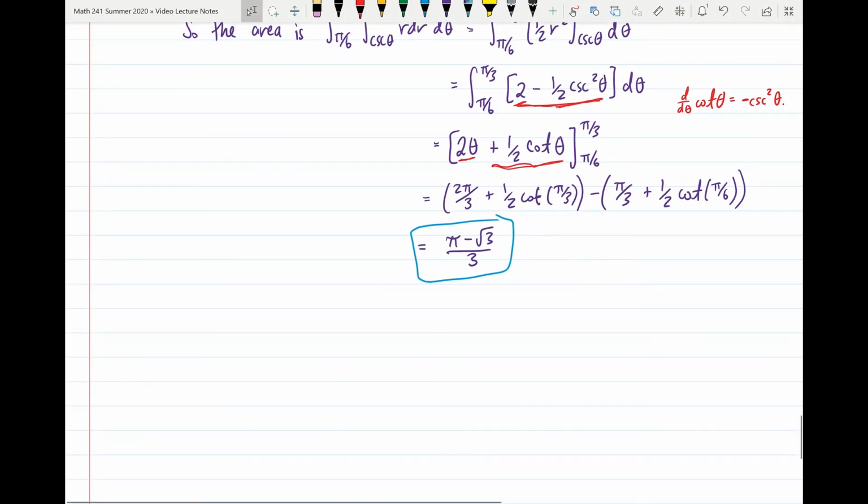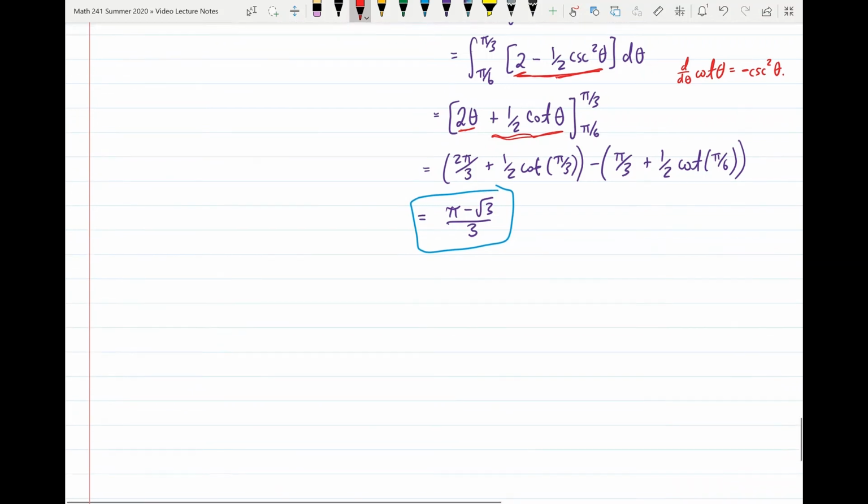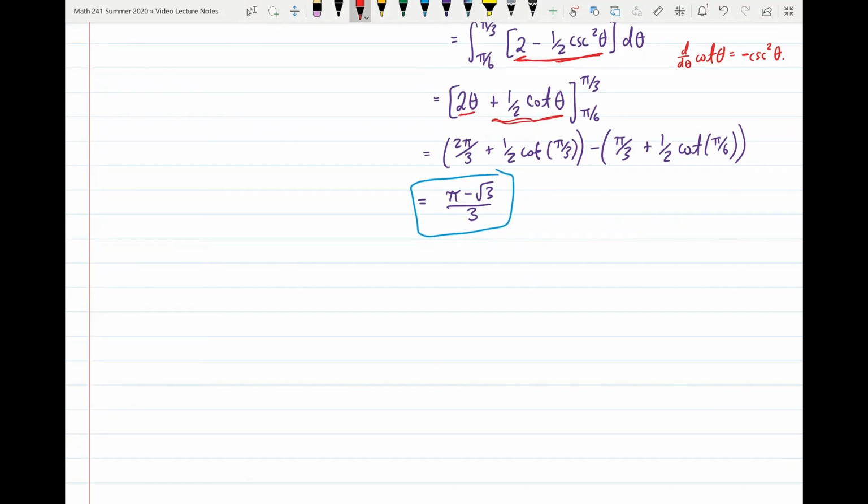And again, we're evaluating this from pi over 6 to pi over 3. So we plug both of those values in and subtract when it's appropriate, of course. And again, simplifying, making it look nicer, we end up finding that this is equal to pi minus the square root of 3, all over 3.